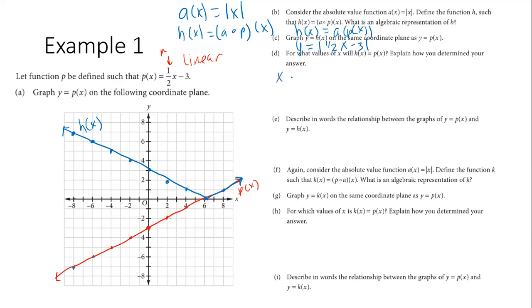So for the x values less than 6 of p of x, all y values became positive, right? Is that a fact? So originally we had p of x, and all of the values of x that are less than 6, all of their y values became positive.